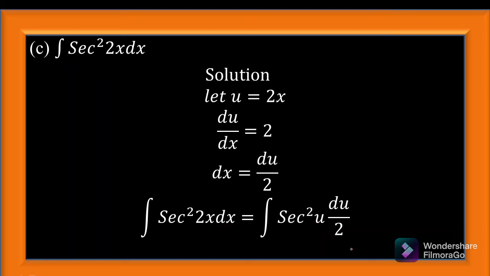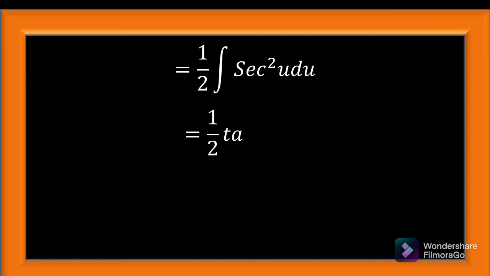When you look at this again, you are going to realize we have a constant, which is a half, and can come out of the integral sign. When it comes out of the integral sign, we shall have a half integral of sec squared of u with respect to u, which gives us a half tan of u. Just because we know when you integrate sec squared of u with respect to u, you get tan of u plus a constant.